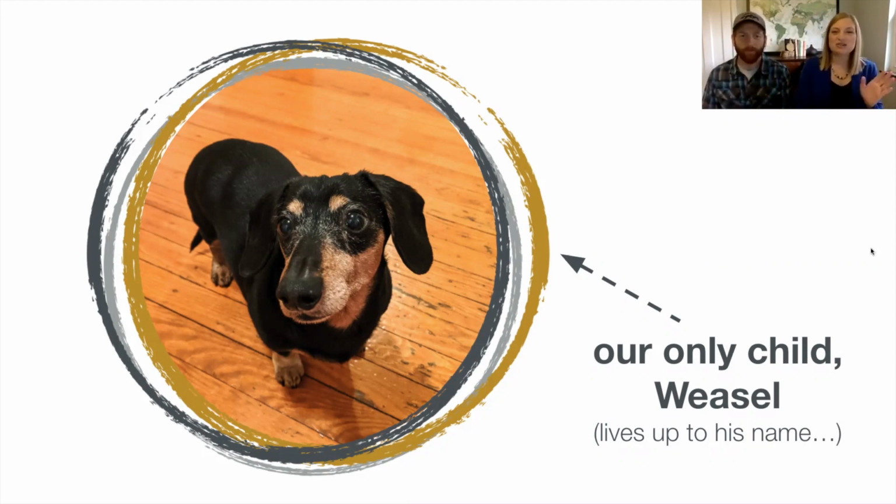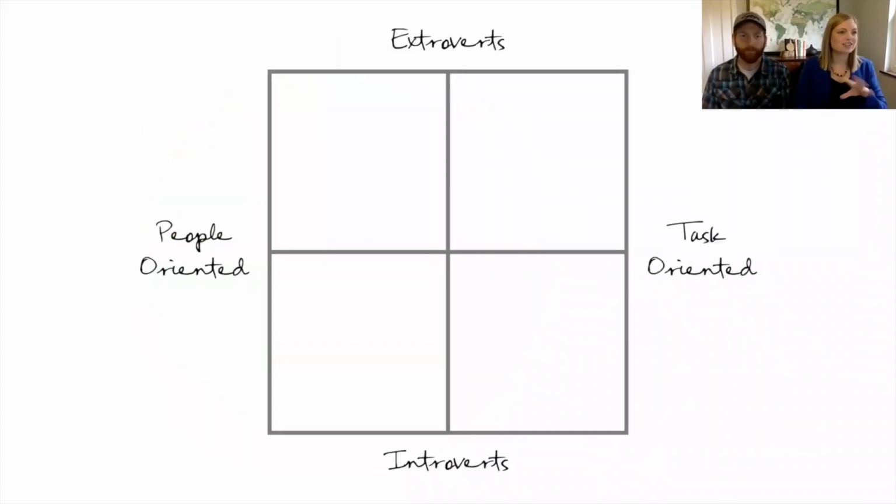So I want to do a quick exercise with you guys to kick this off. I'm showing here a 4-quadrant grid, and I want you to figure out where on this grid you fall. Going top to bottom, you've got extroverts and introverts. Extroverts get their energy by being around other people. They're more likely fast processors, so they're talking a lot more and don't like silence.